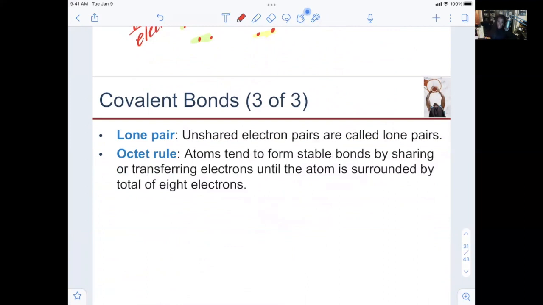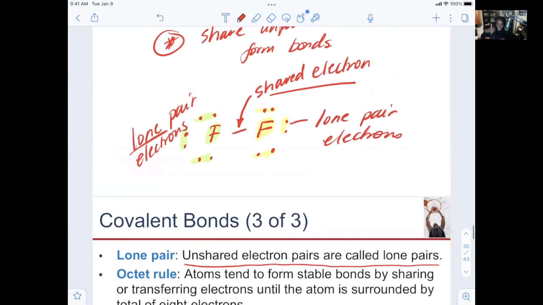Now, in covalent bonds, we're told the unshared or unpaired electrons after the bond is made. Sorry, I jumped ahead. I thought they were going somewhere else with this. The unshared electron pairs are also called lone pairs, and I already went ahead and explained that right here.